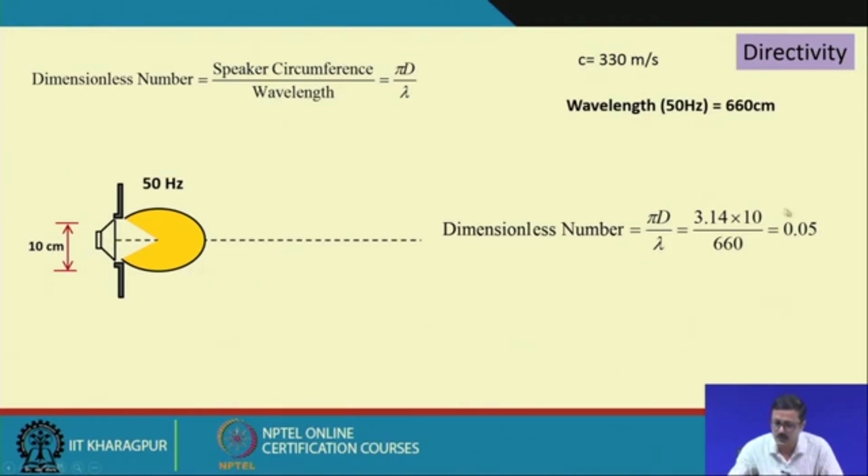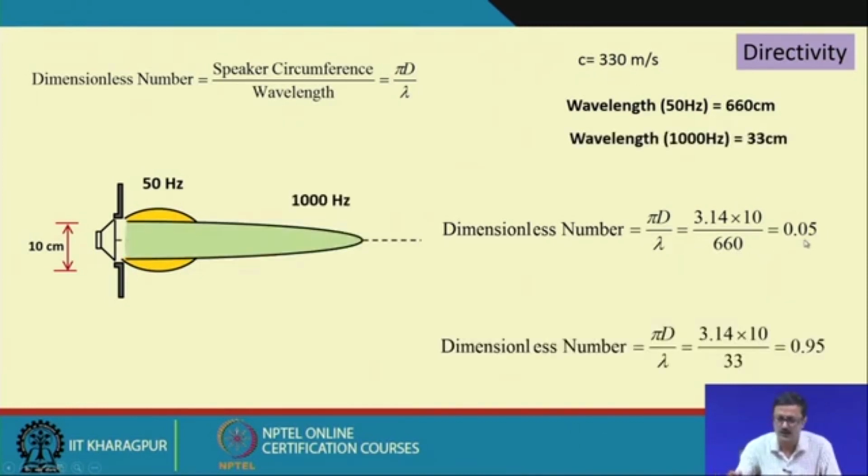If I compute this dimensionless number, pi d by lambda, it is 0.05. But for high frequency sound, 1000 hertz, the wavelength is 33 centimeter, so this dimensionless number becomes 0.95, which shows it has a higher amount of throw.